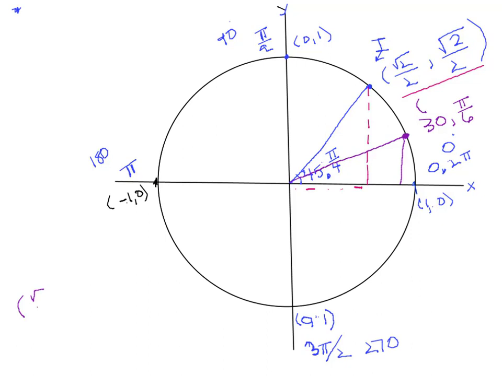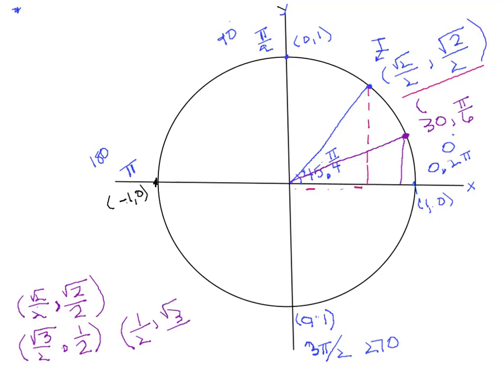There's square root of 2 over 2, and then there's the square root of 3 over 2, comma, 1/2. And then there's a third point where all that happens is the x and y values change. It's the square root of 1/2, comma, the square root of 3 over 2. So there's really only 3 numbers to remember. Okay?